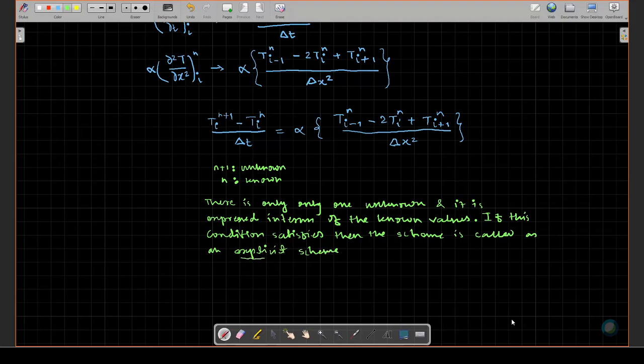Explicit means everything is known beforehand. So based on the name itself, these schemes are called explicit.